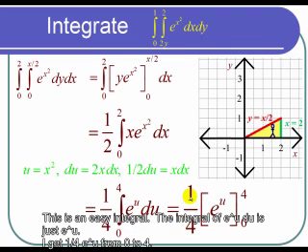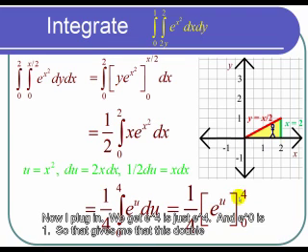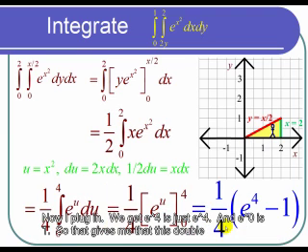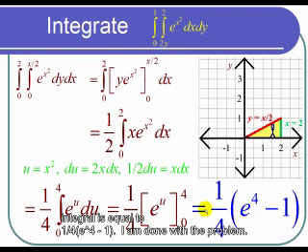So I get 1/4 e to the u from 0 to 4. Now I plug in, and e to the 4 is just e to the 4, and e to the 0 is 1. So that gives me that this double integral is equal to 1/4 times e to the 4th minus 1. And I'm done with the problem.